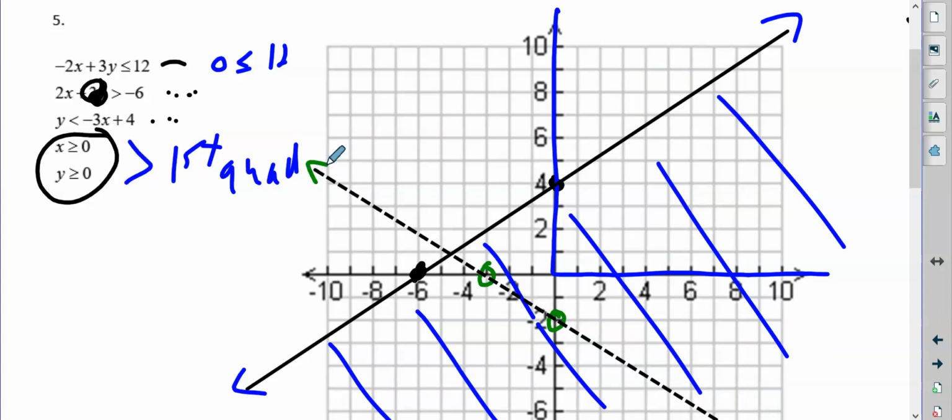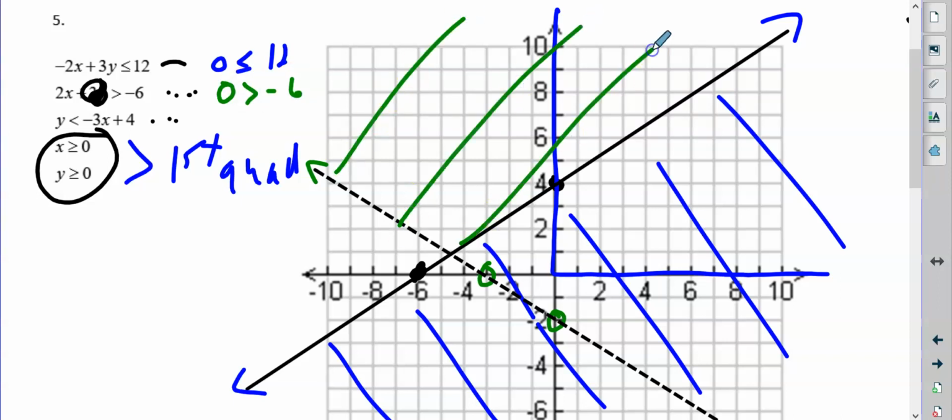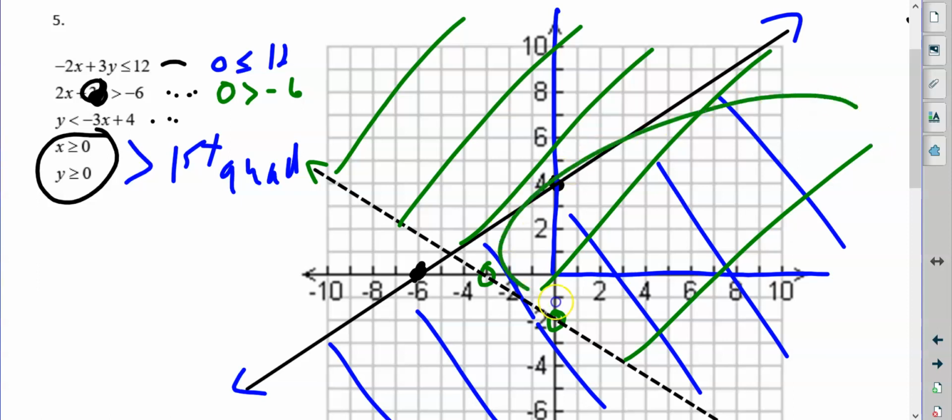Okay, so on this one, I'm going to plug in 0, 0. 0 is greater than -6. That is true, because 0 is greater than every negative number. So that means I'm going this way. Now, kind of like I did before, you can see where's the green and the blue. Right now, my area is going to be about there.